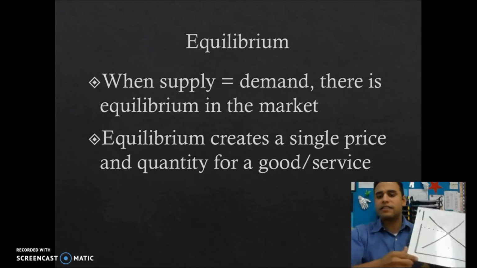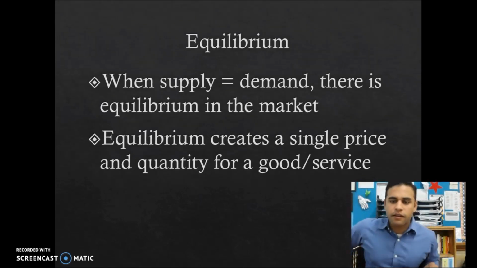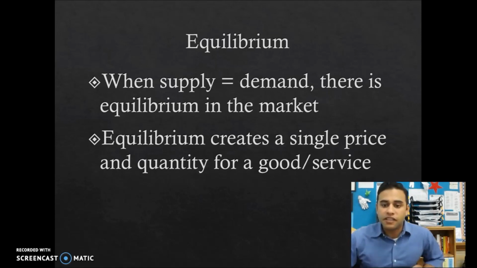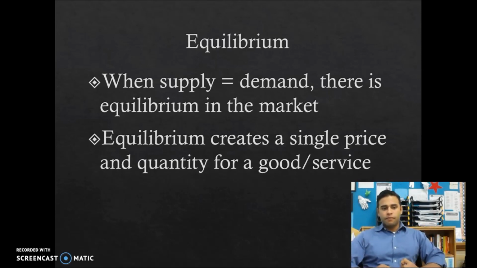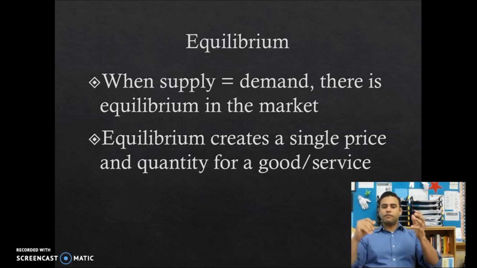If I were to ever ask you, what is the reason we study supply and demand? Your answer should be, because that's where prices come from. Prices don't come from anywhere else. They're not arbitrary. There's behavior. There's the behavior of people who supply things in the marketplace, and that's based on seeking profits.